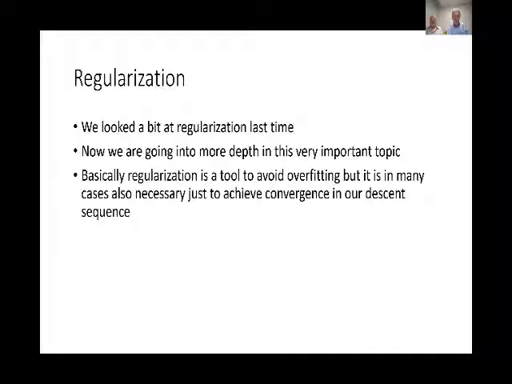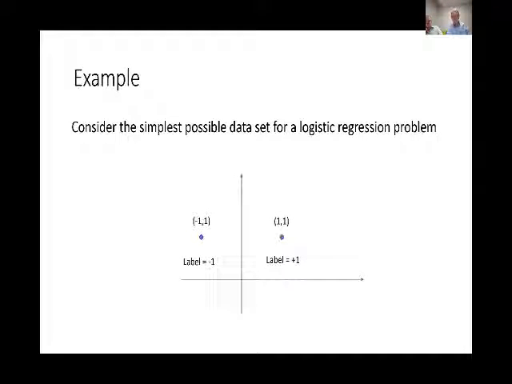So we've seen gradient descent, and that does not always converge. And here's a very simple example of that. We have a data set here with two data points. They are two-dimensional data points, -1 and 1, and labels -1 and +1.